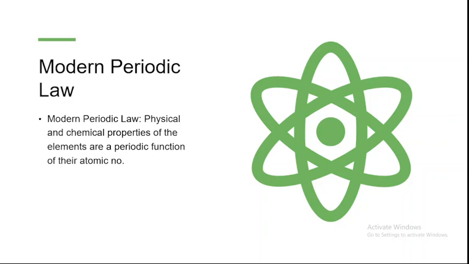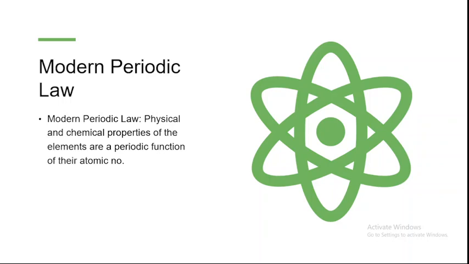So if we arrange the elements according to their atomic numbers, that is, the number of protons, equal to the number of electrons, then we get a table with fewer limitations.